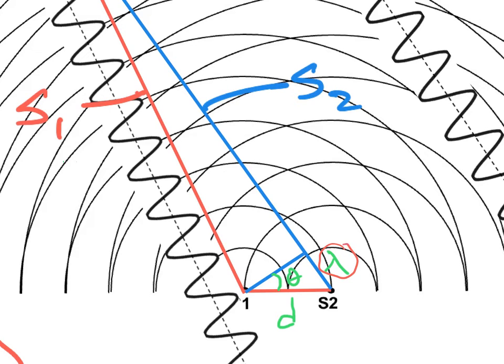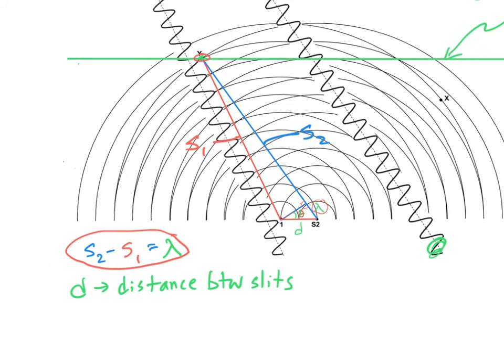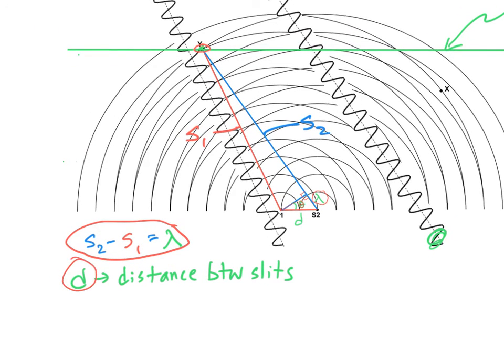Right here, there's an angle theta that it makes with this line that's perpendicular to that point right there. So I've created a right triangle basically. If you remember your trig, the distance between those two slits is d.